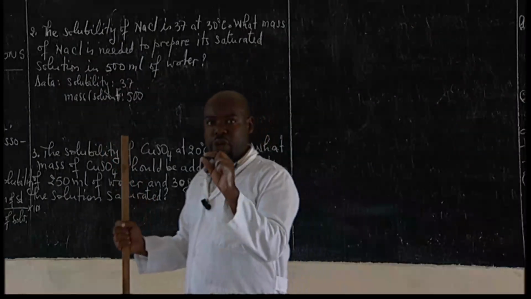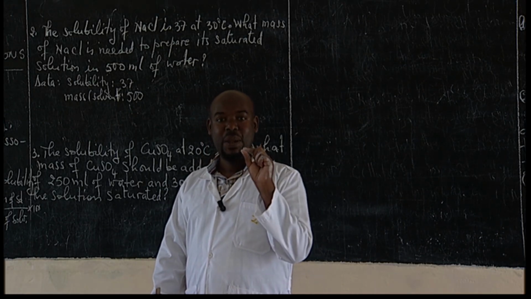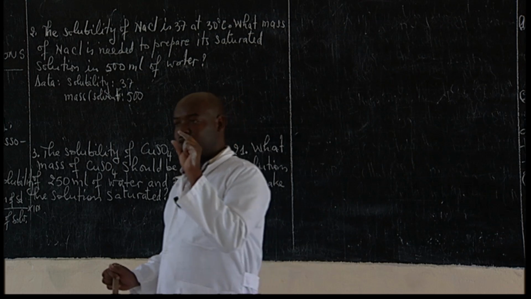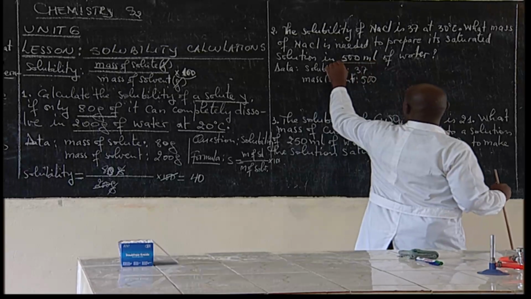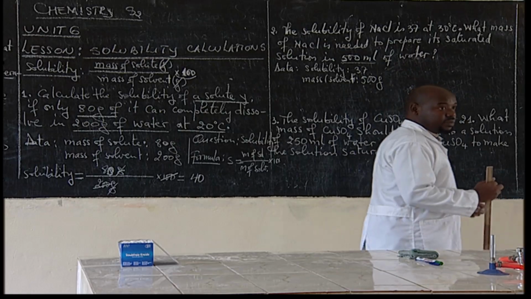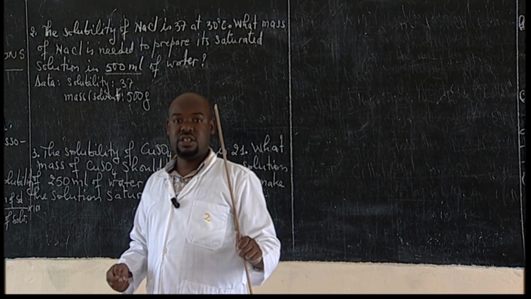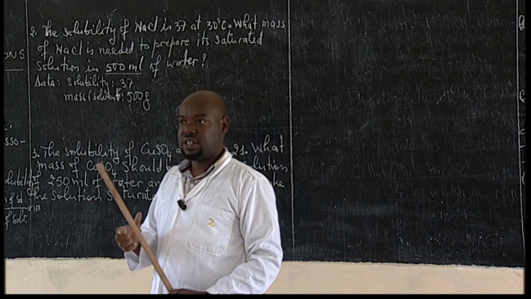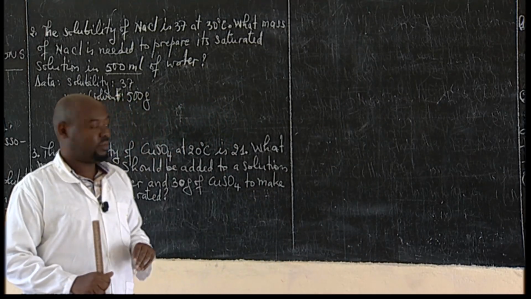Do you remember how we convert milliliters into the mass? 1 milliliter of pure water is equal to 1 gram of pure water. So if we have 500 milliliters, then we have 500 grams. I hope you remember that very well. It's just density: if you have density and volume, you can find the mass.